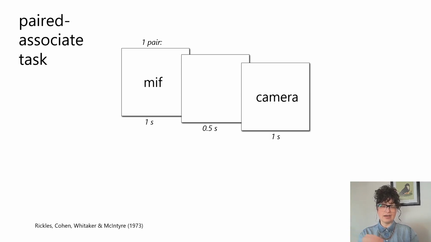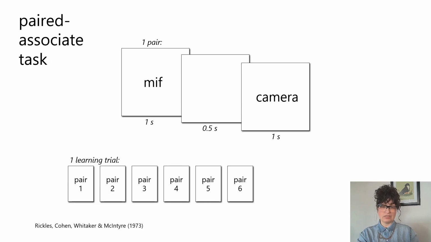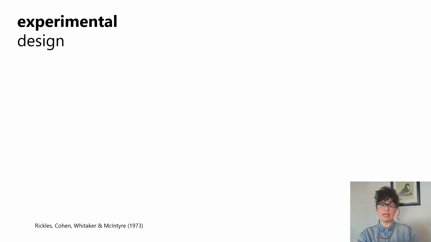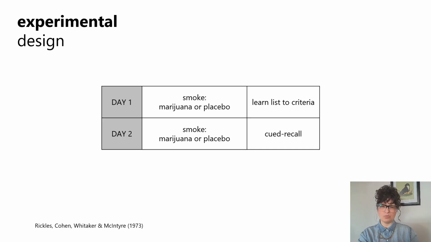And the test was whether or not participants would be able to anticipate the target word before it appears. So, one learning trial involved participants going through all 9 nonsense word pairs. The question that they were looking at was how many learning trials it took people to get to criteria on day 1?